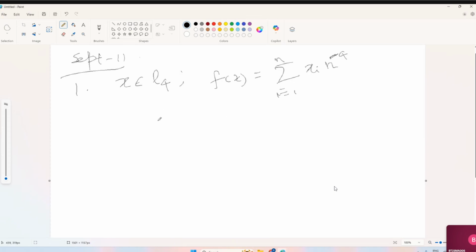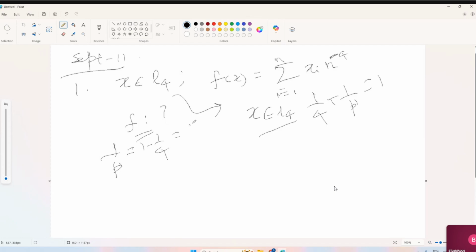Now the question can be, what is this f? So this x is in L4, and the conjugate of this 4 is 1 over 4 plus 1 over p prime equal to 1. Therefore, 1 over p prime equals 1 minus 1 by 4, that is 3 by 4, no, 4 by 3.